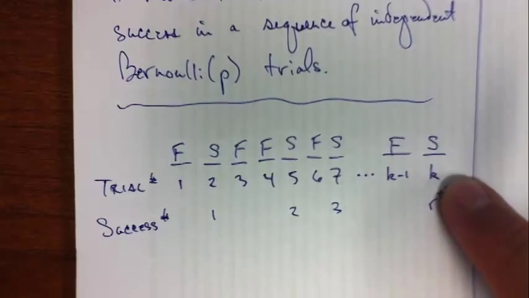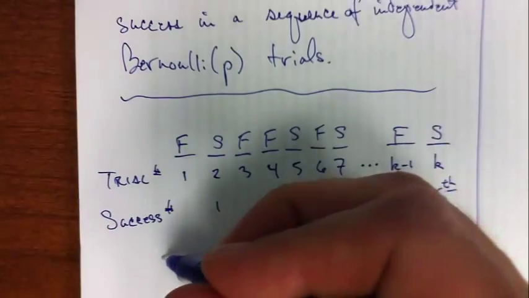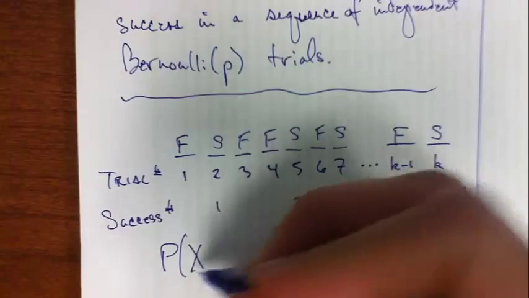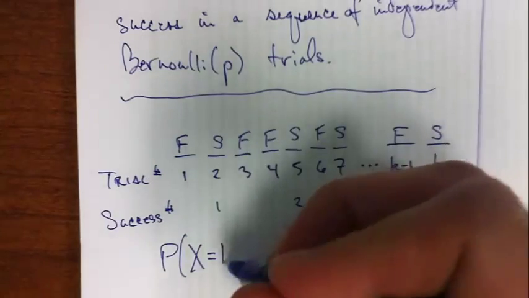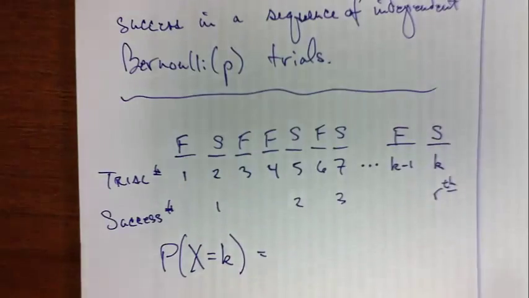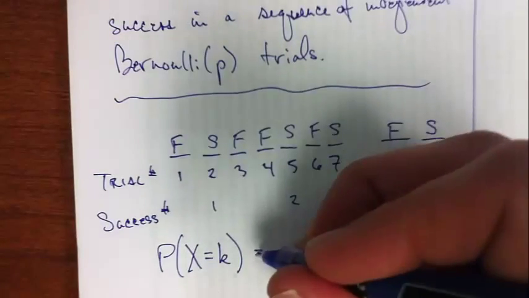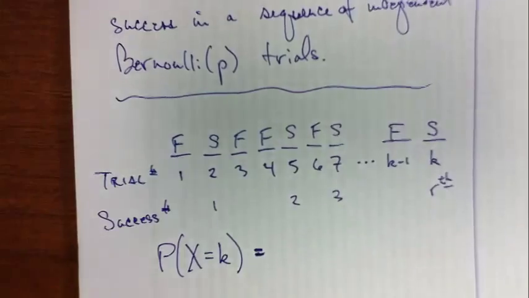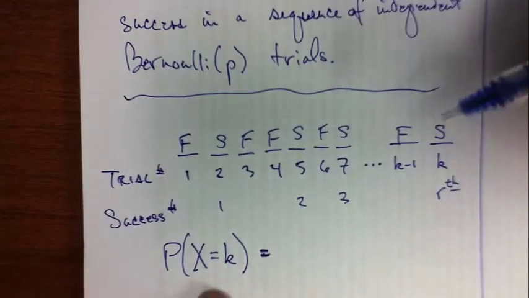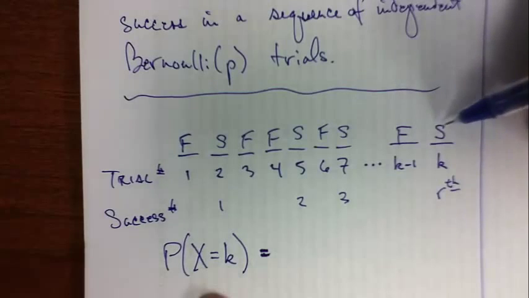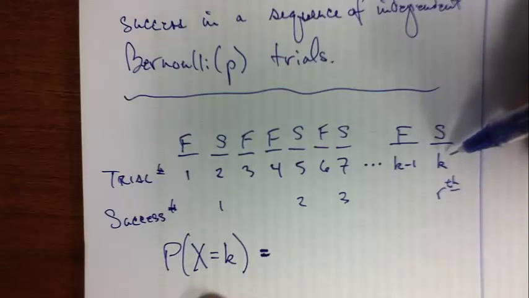Okay, so what we're interested in is knowing the probability that this negative binomial random variable takes on the value of k. Well, to build this probability mass function, note that in order for this to happen, you must observe a success on the kth trial.